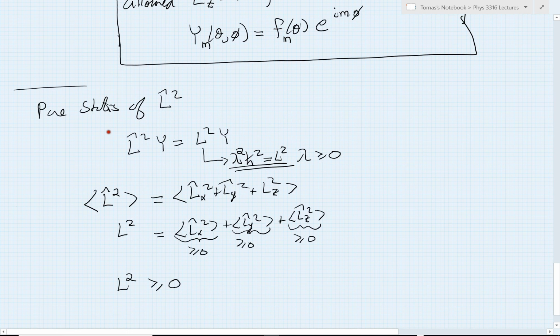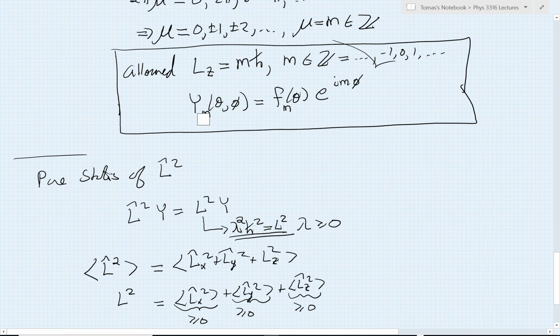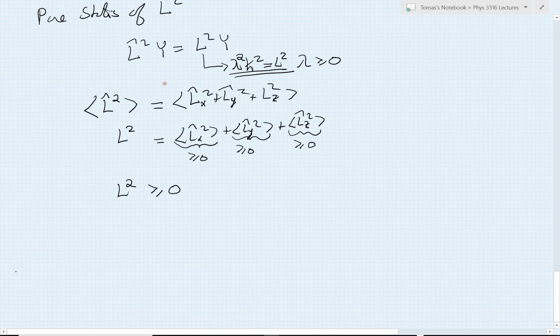I can use the fact that if I'm looking at one of these pure states of Lz also, which is my plan, I know the expectation of Lz squared, because every time I measure Lz, I get m h bar. So each individual measurement is m h bar. I'm squaring those, m squared h bar squared. And of course, when I average all those same values together, I just get m squared h bar squared.